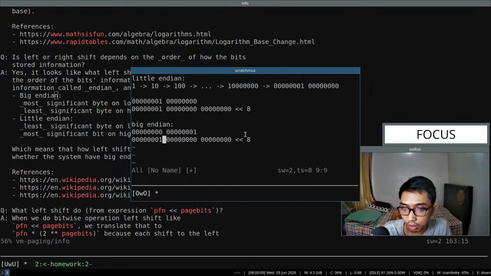Wait, no. We're shifting this by, I guess so. Wait, is this the same?